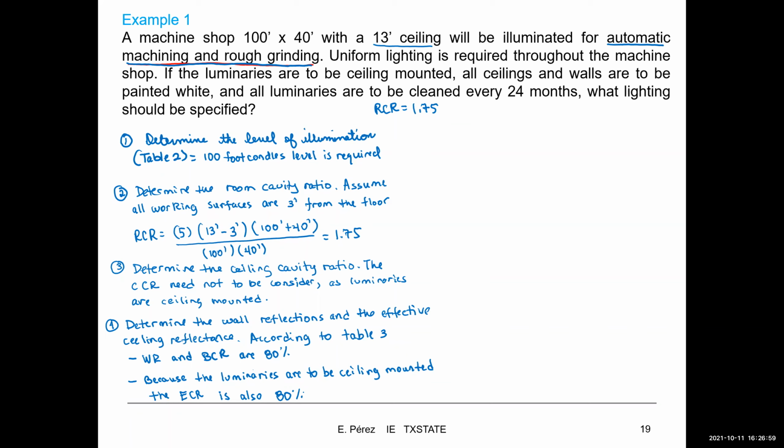So we have RCR 1.75, we have WR equals 80%, we have the BCR also 80%, and the ECR also equal to 80%. Step 5 is to determine the coefficient of utilization.